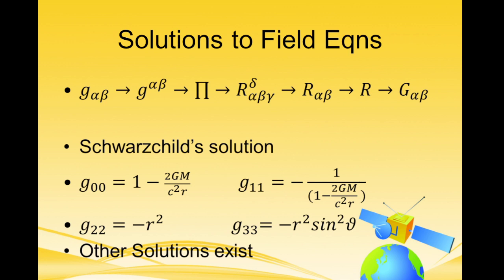So we are going to take much time on this Schwarzschild solution and do a number of things. Then from there, you'll be able to get an experience on how to work on other solutions.